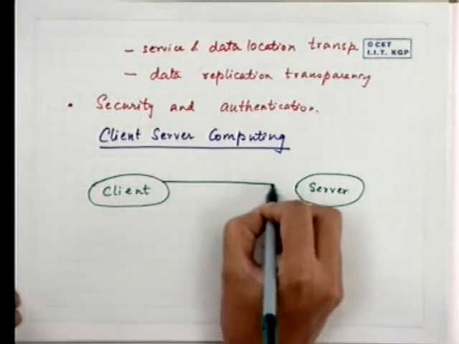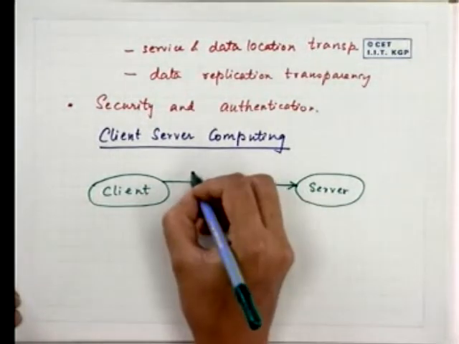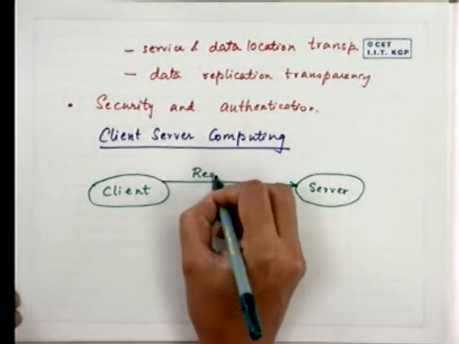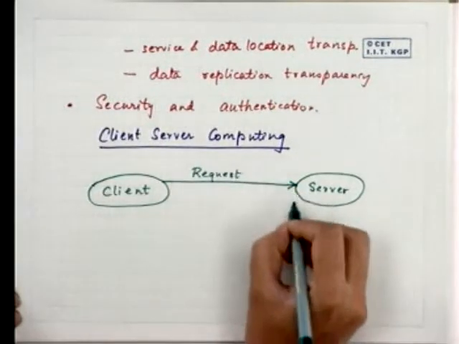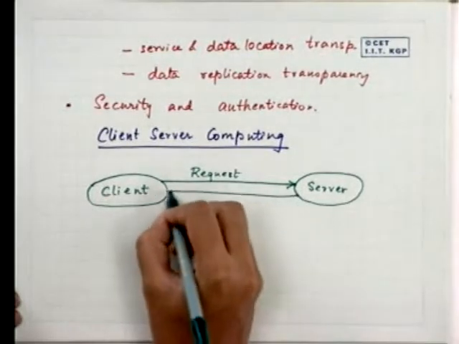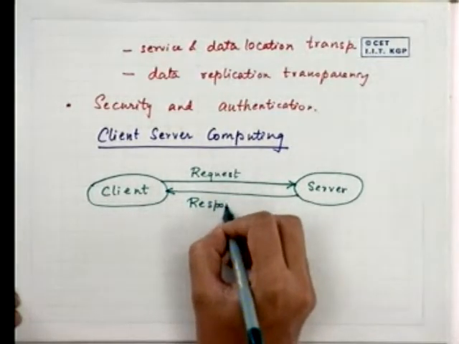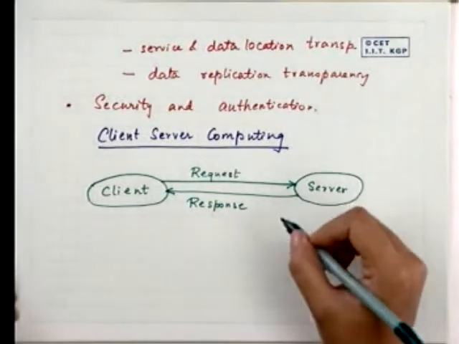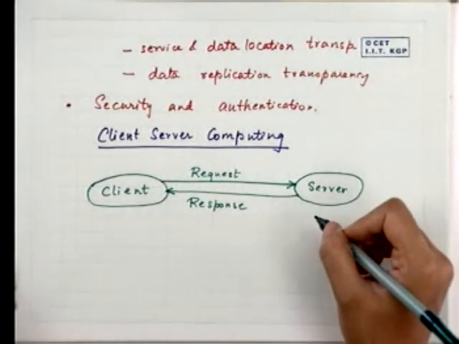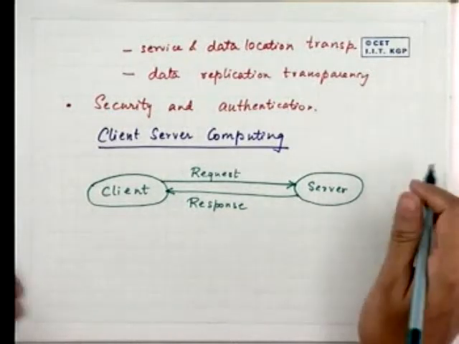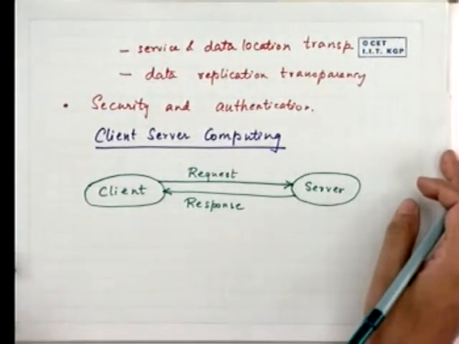The client sends a request to the server, and the server responds to the client's request. This is the basic model of a client-server system, and there are many common applications of client-server systems that many of you will come across or are already familiar with.